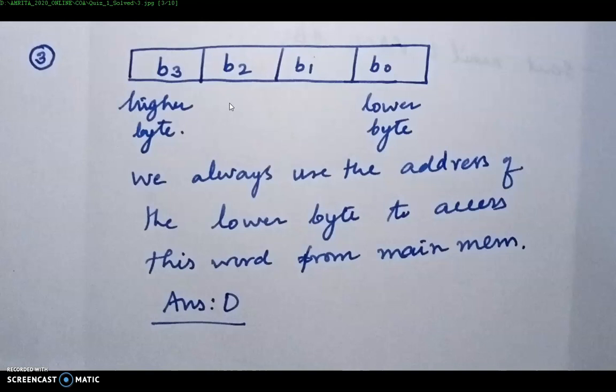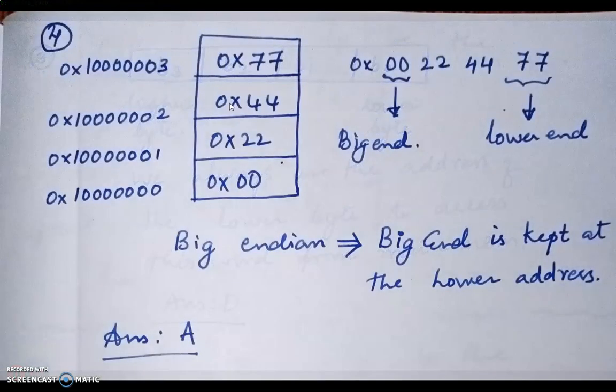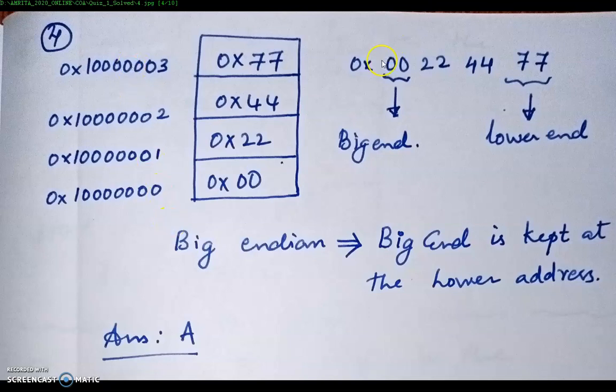To solve such questions, a good idea is to draw the diagram so that you can easily answer. So look at the diagram I have drawn here. You have addresses starting from 1, 2, 3 and 4, and the multi-byte word, its big end and its little end. Big endian means the big end is kept at the lower address. This has to be very clear.